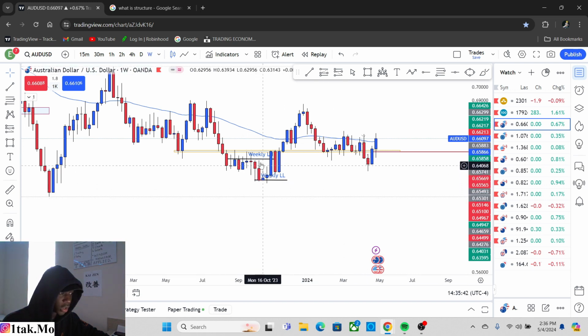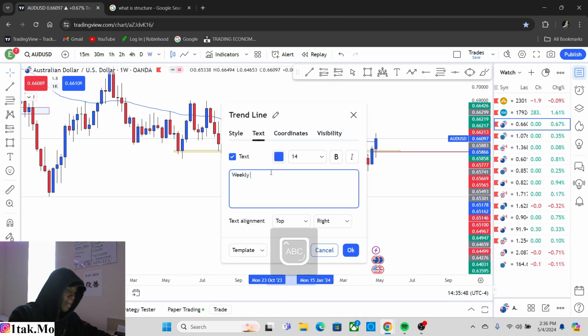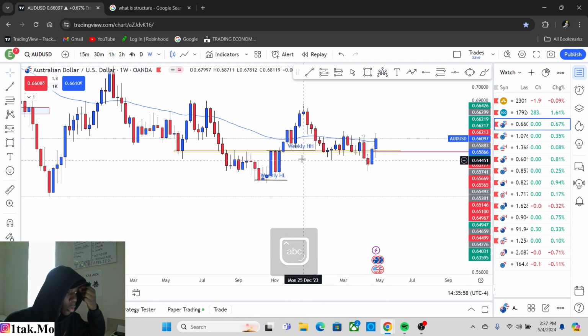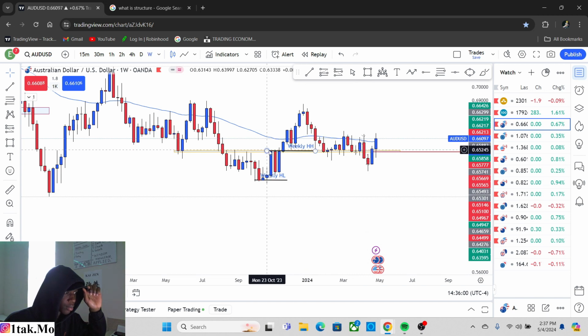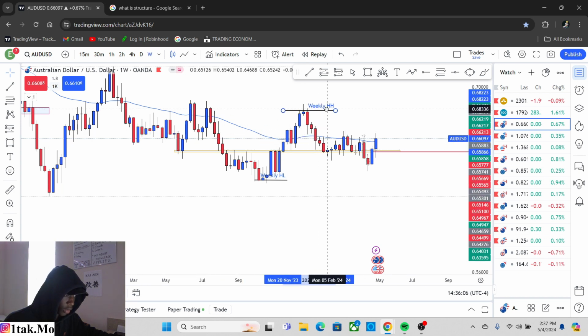Price does this thing, hasn't broken, and so on. Breaks above right here. So now this will be the higher high. And this will be the higher low. Cool. Now price keeps going. This is the higher high.